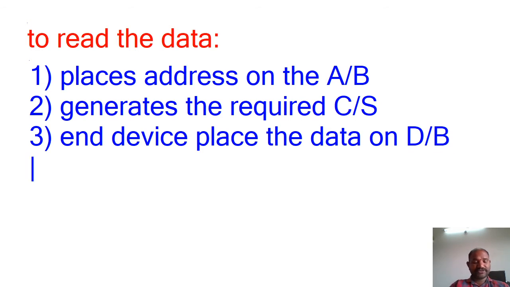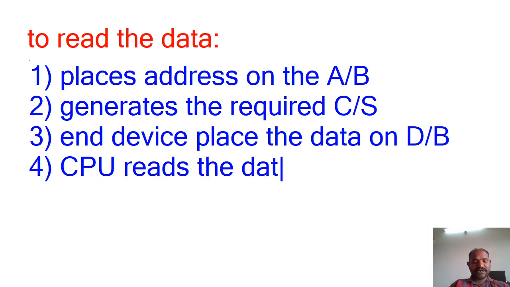Now in the fourth step, the microprocessor, the CPU, reads the data from the data bus, D/B. Let me take a uniform way, D/B. These are the steps which are going to be followed by the microprocessor to perform the read operation.